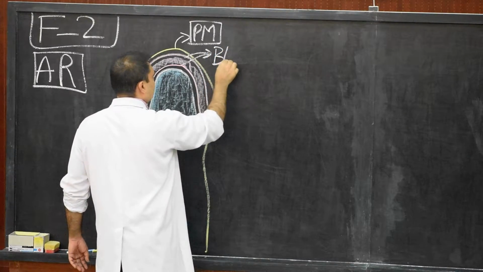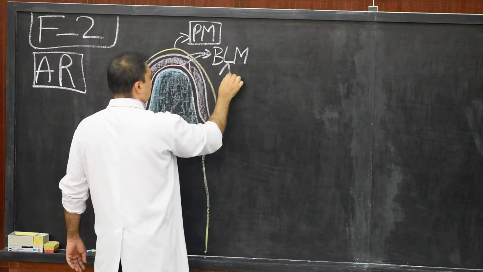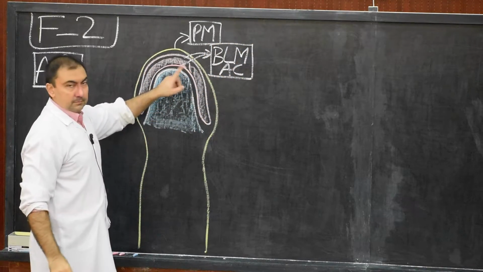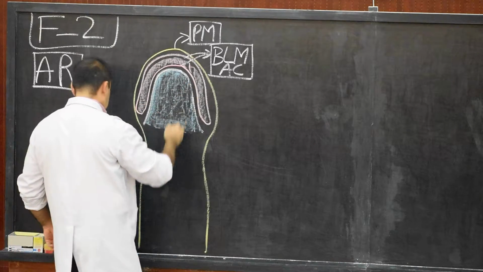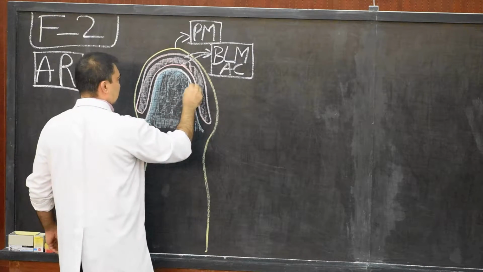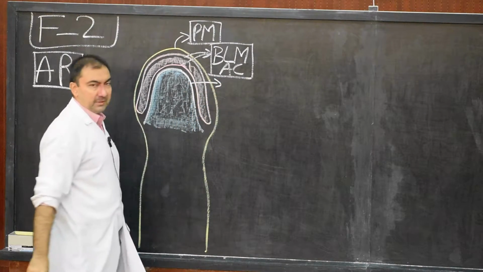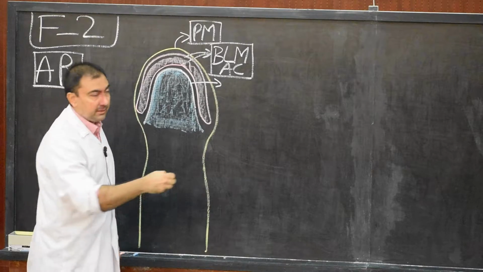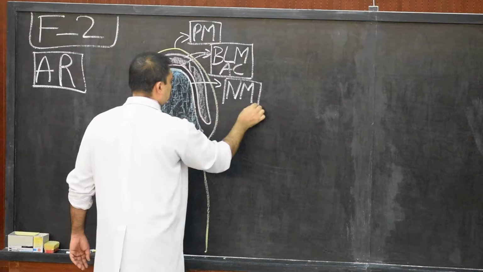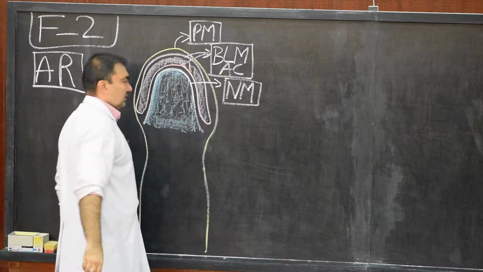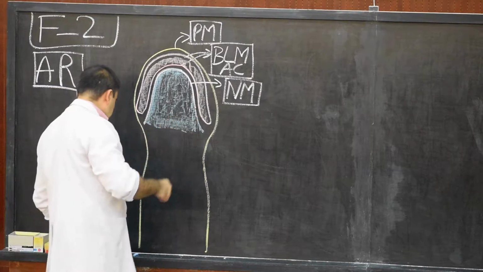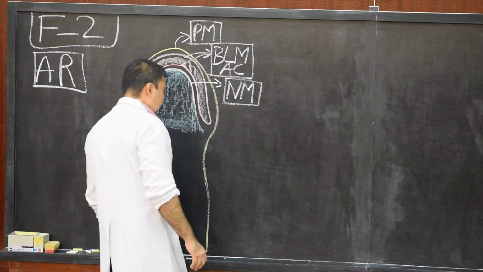The third structure, deep inside, in white color, is the nuclear membrane of the head of the spermatozoon. These structures are important.